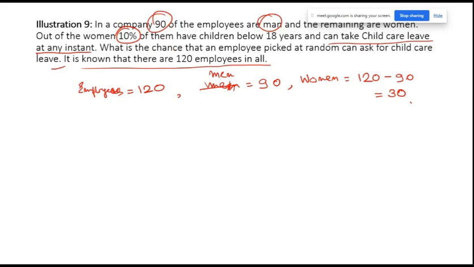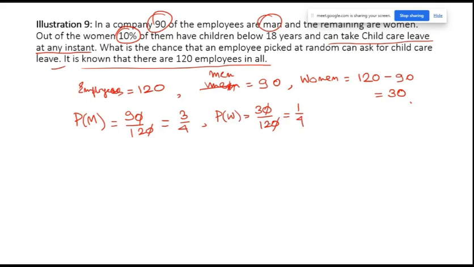children below 18 years. So if you randomly pick an individual, the probability of a man is 90 by 120, that is 9 by 12, that is 3 by 4. Probability of a woman is 30 by 120, that is 1 by 4.